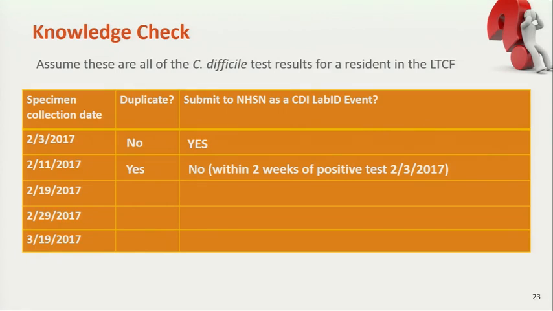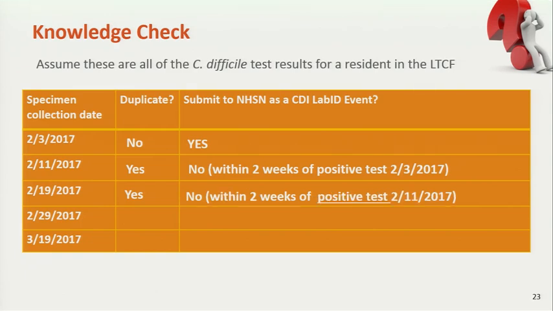The next specimen was collected on 2/19, so that was 9 days, so is it a duplicate? So remember, the duplicate is based on the most recent laboratory test, not the most recent LabID event. This is one area that tends to cause some confusion with the users. So it is a duplicate, so do we submit it?